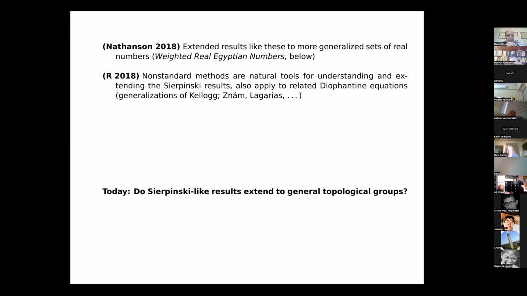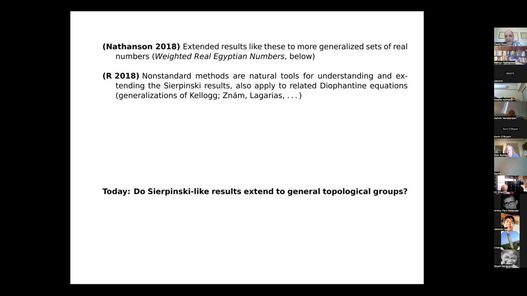So Mel and I both were looking at the paper sort of independently, but communicating with each other. And he came up with a generalization, which he called weighted real Egyptian numbers. And we'll see those again below, extending this to more generalized sets of real numbers. I went in sort of a different direction. I took the non-standard methods that you can use to prove that original Sierpinski result, but also the other results of Sierpinski's, and also extended it to other sorts of related Diophantine equations, generalizations of the Kellogg result, this NOM problem.